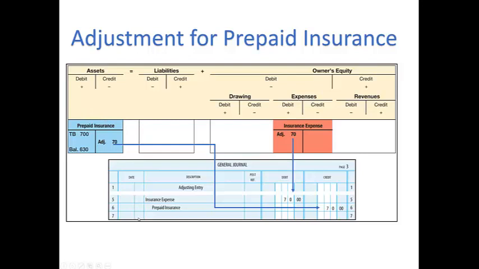The second thing is to use the figure for the amount that was used up, and we determined previously that $70 for the month of June was used up. So we're going to enter that into our debit and credit position. And so that will record $70 in insurance expense, and it's going to decrease prepaid insurance by $70.